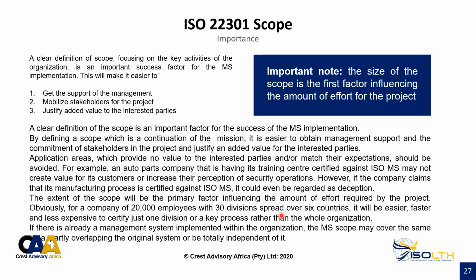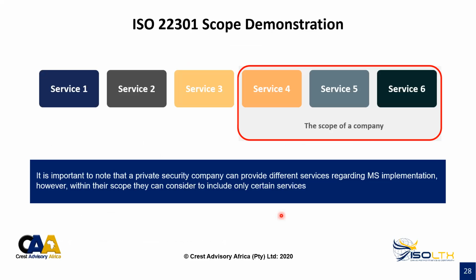And then you are set up for failure, and everybody is set up for failure. So the scope can be demonstrated as, you can have 6 services, 6 departments, or 6 environments, but only environments 4, 5, and 6 are critical. So that is the scope of the company.